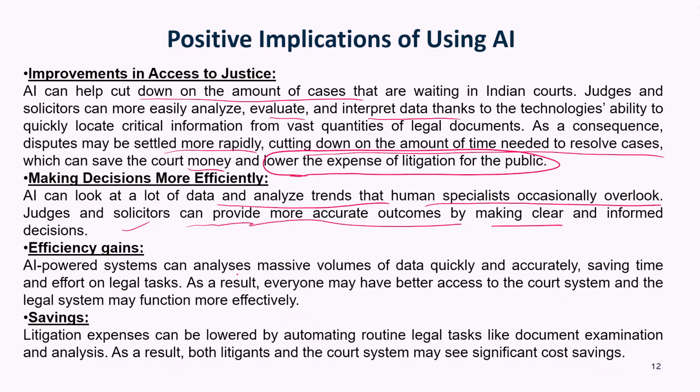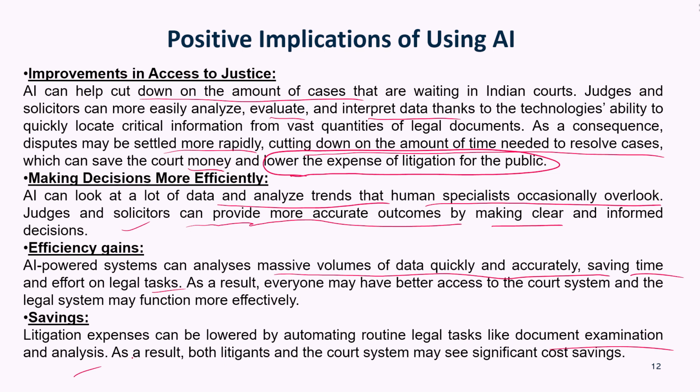When it comes to efficiency, AI powered systems can analyze massive volumes of data quickly and accurately, saving time and effort on legal tasks. It also saves a lot of money, and routine legal tasks like document examination and analysis can be done with the help of these tools.